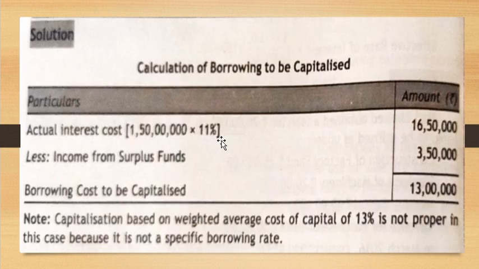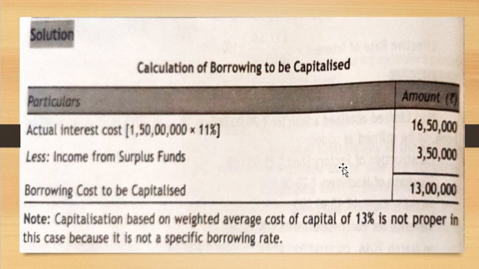In this calculation, we have found the interest by taking the specific loan interest rate. 1 crore 50 lakh into 11% will give you 16 lakh 50,000. Now this is your actual interest which is to be capitalized. In this you have a surplus of funds, that is the surplus remaining in the loan amount, which is nothing but an income.